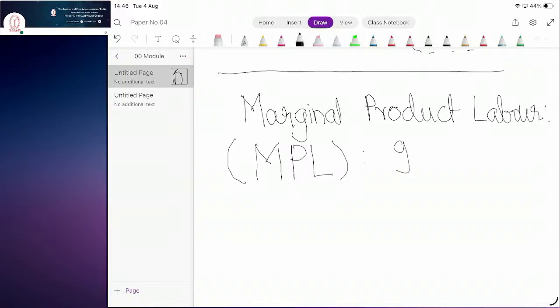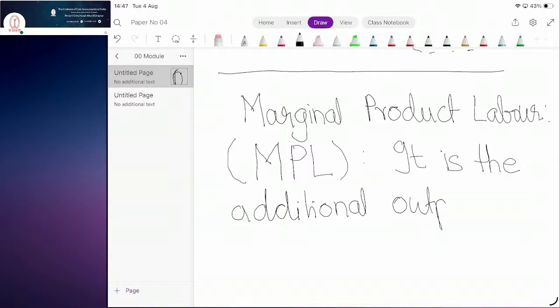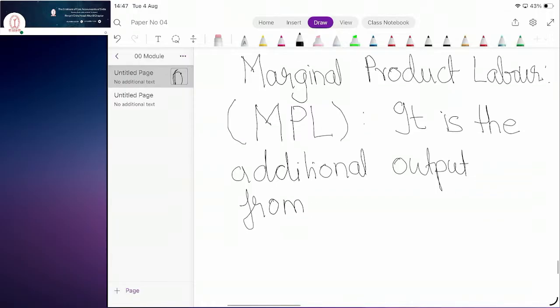It is the additional output from one more unit of labor.